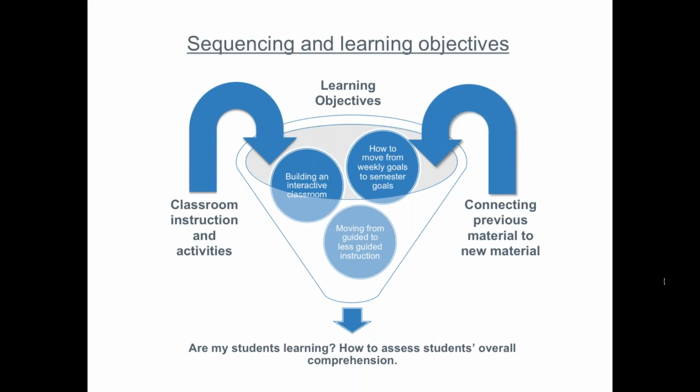So as we're moving forward, we need to think about our daily goals, our weekly goals, and our semester goals. And we need to think about building an interactive classroom and moving from guided to less guided instruction in order to see how our students are learning. And once again, concrete learning objectives help us with this.